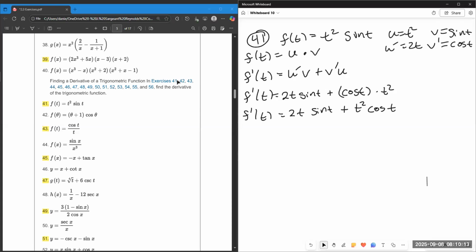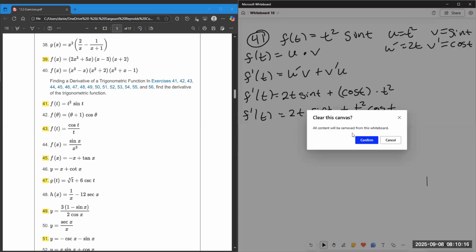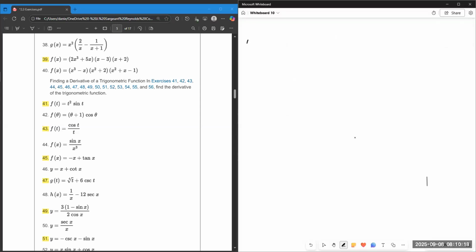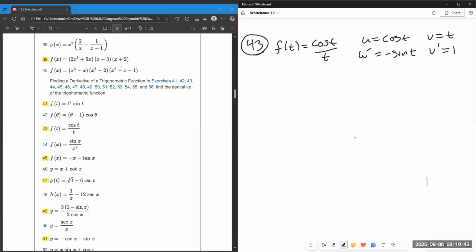Now at 43. Says f of t is equal to cosine of t divided by t. So u is equal to cosine of t, v is equal to t, and u prime is negative sine of t, v prime is 1. F of t is equal to u divided by v.